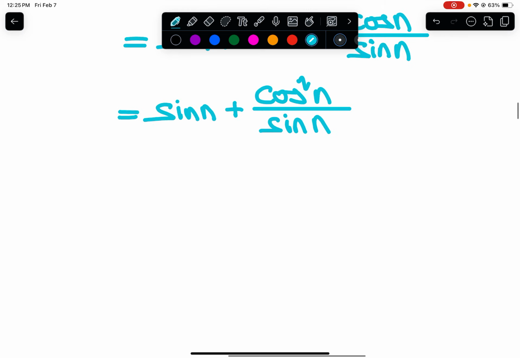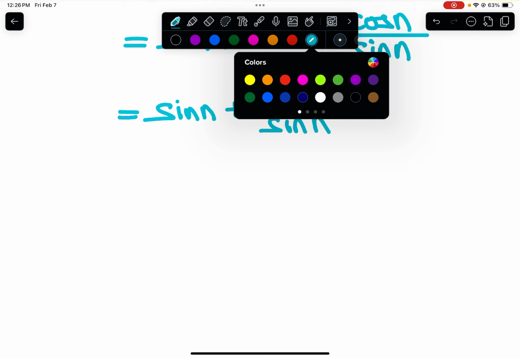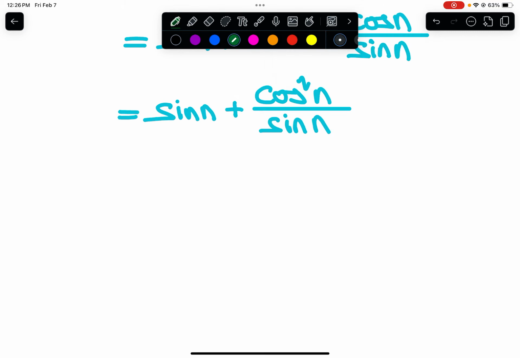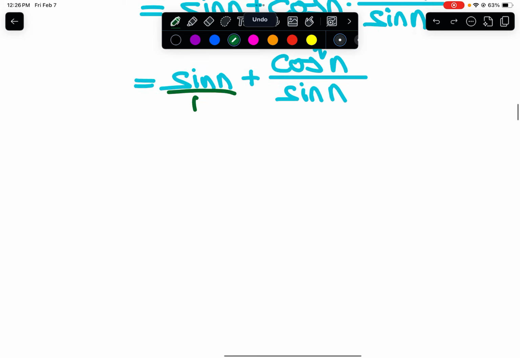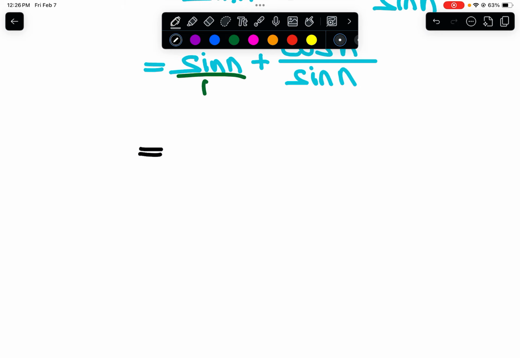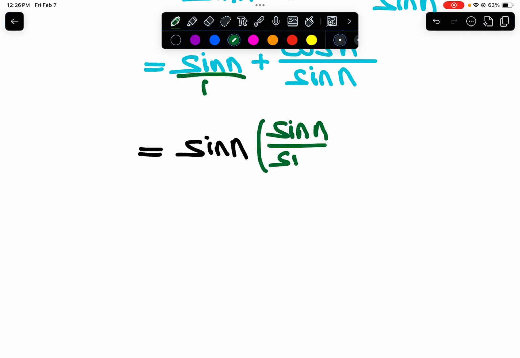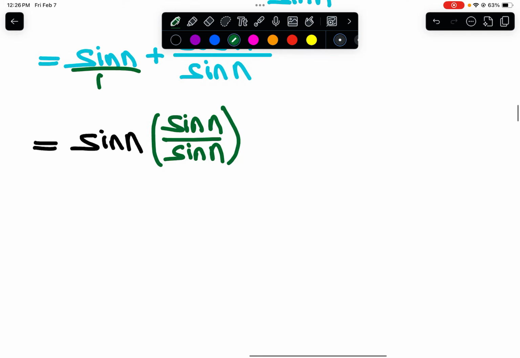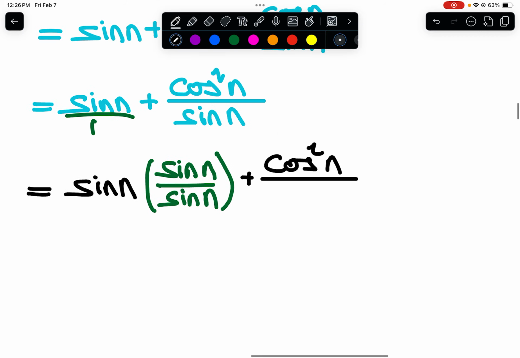And now I need to get a common denominator. So over here, this is technically over 1, so I need to have a sine down here. So I'm going to have sine n, and I need to multiply by sine n over sine n, so I can get that common denominator. And then plus cosine squared n over sine n.